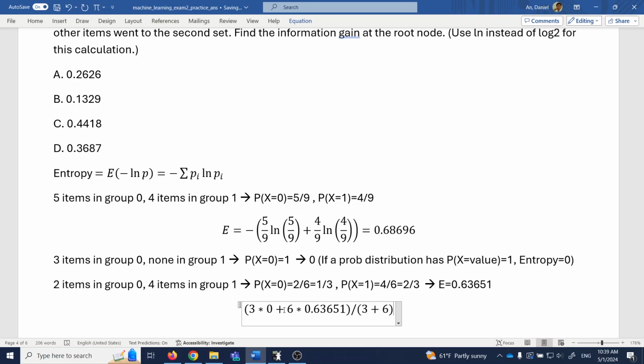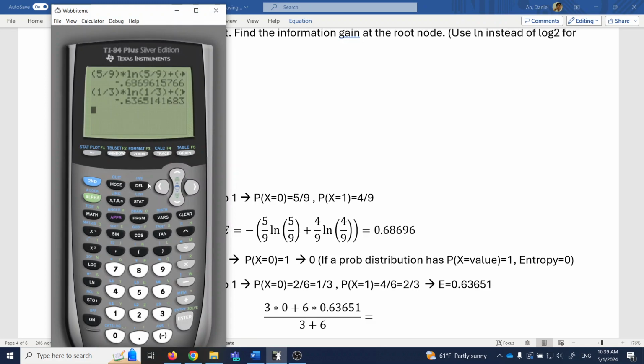So you multiply this quantity by 6 and divide by 9. Actually, I have to correct that: it should be times 6 divided by 9, and I mistakenly did 3. Okay, so it's 0.42434.